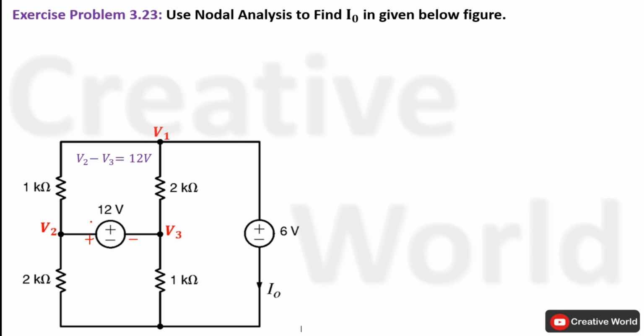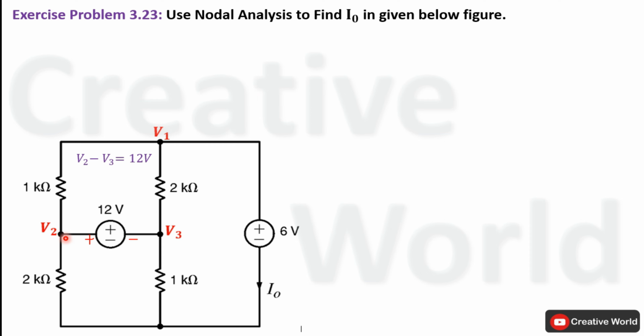So the answer value will be the same. The sign convention could be changed according to the polarity of this voltage source. And we are a little bit confused here because the polarity of this voltage source is not confirmed, either which terminal is going where. So I am assuming this voltage source with this polarity and I will follow it throughout the solution of the problem.